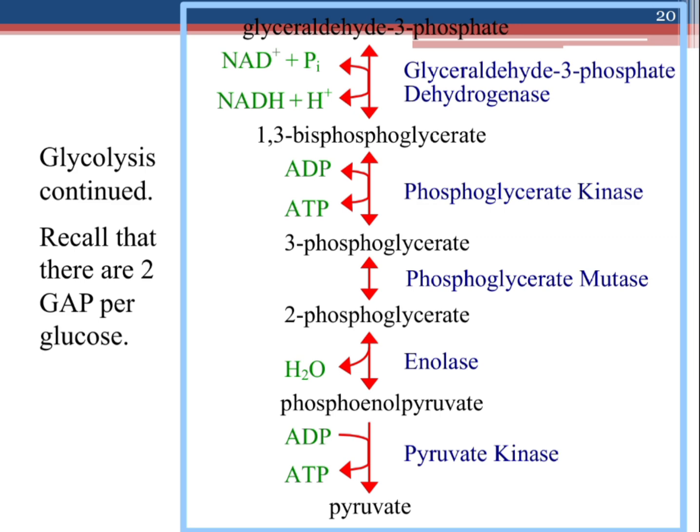And we end up with 2-phosphoglycerate. This means that the phosphate was previously at carbon atom number 3, but now it has gone to carbon atom number 2. This is catalyzed by an enzyme known as phosphoglycerate mutase.